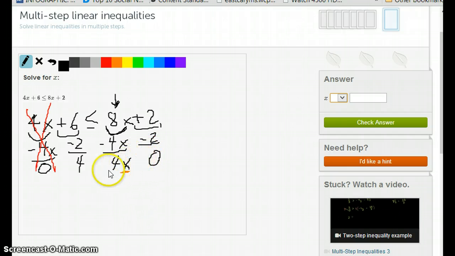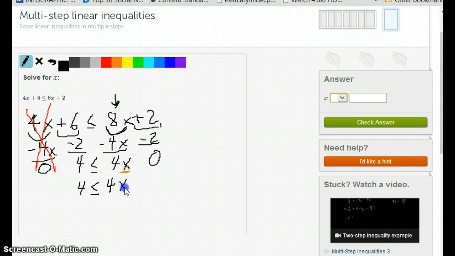So now what's left here? Well, there's the inequality sign. I'm sorry, I drew that a little bit too... So we got the inequality sign left over. We got 4 is less than or equal to 4x.